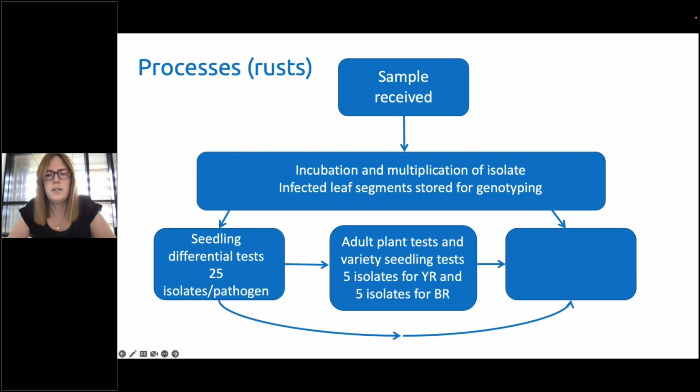And finally, all isolates go into long-term storage, and so we're not able to test all of the isolates that are sent into us, but we do store everything that is able to be multiplied.